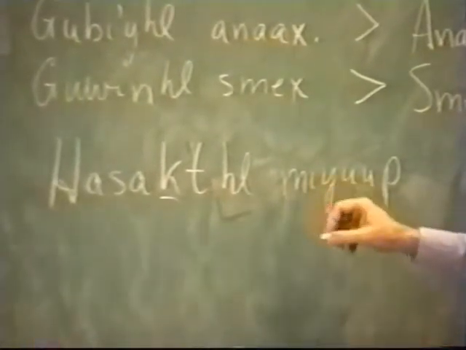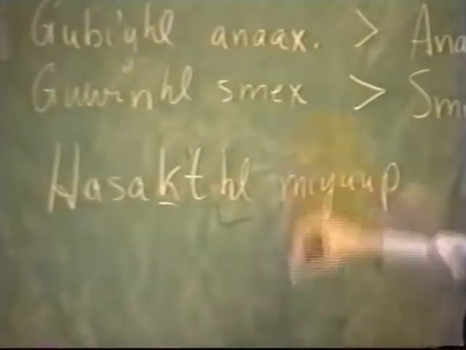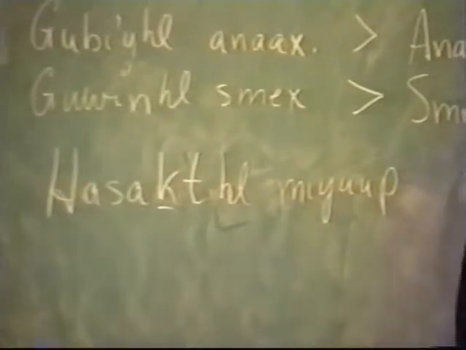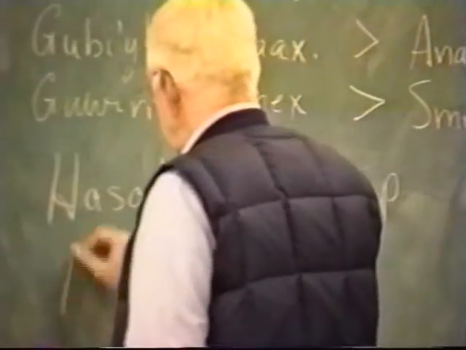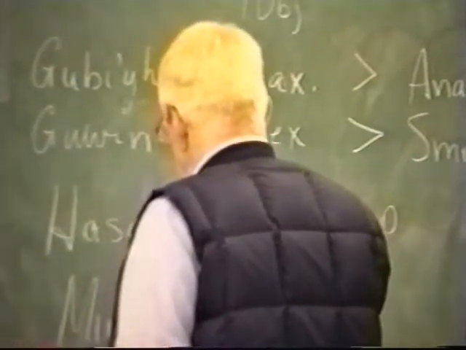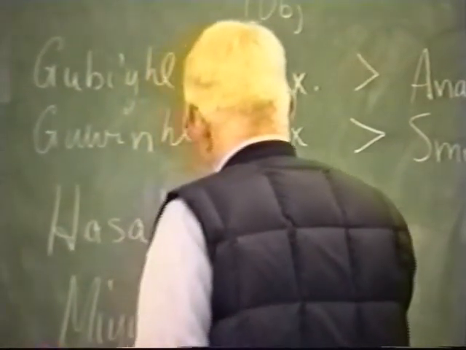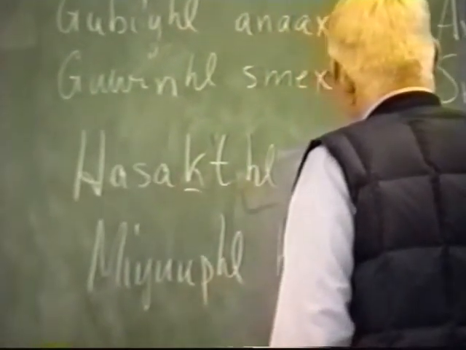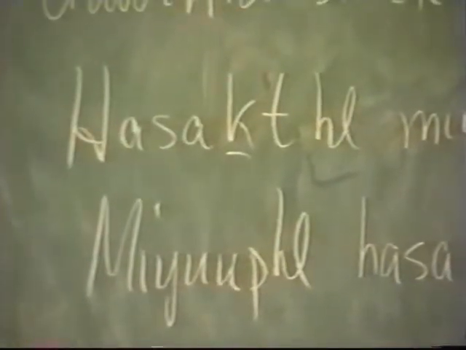Okay, now if we want to focus miyub, what does he want? It's rice he wants. All we have to do is just miyub hasakt. Okay, it's rice that he wants.